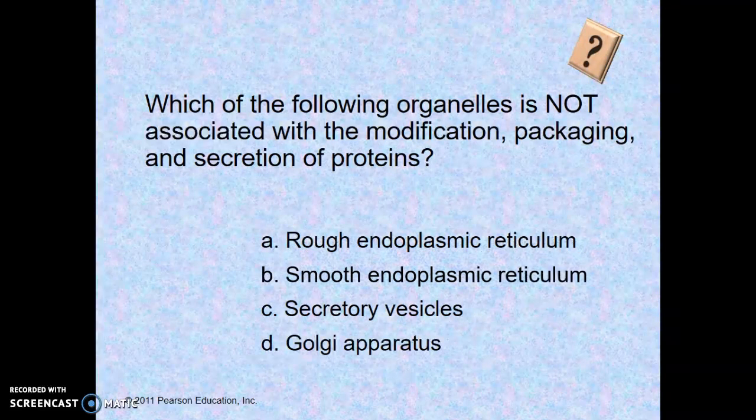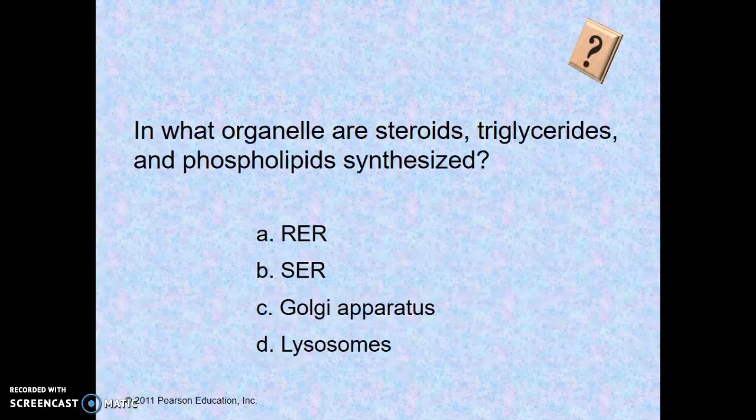Smooth endoplasmic reticulum makes carbohydrates and lipids. In what organelle are steroids, triglycerides, and phospholipids synthesized? Those are all lipids, so they're produced in the smooth ER, or SER.